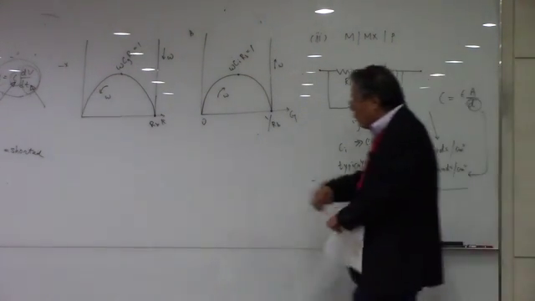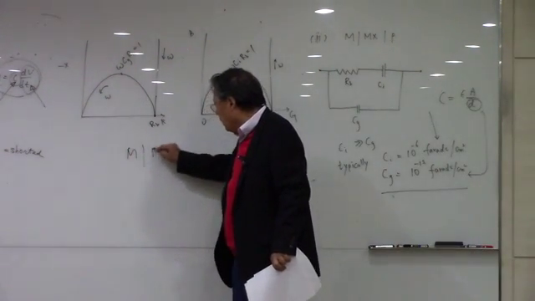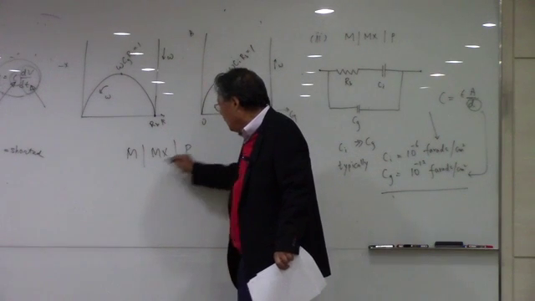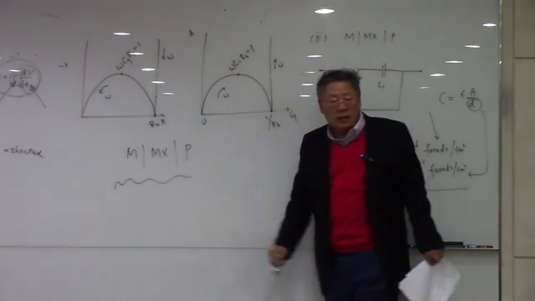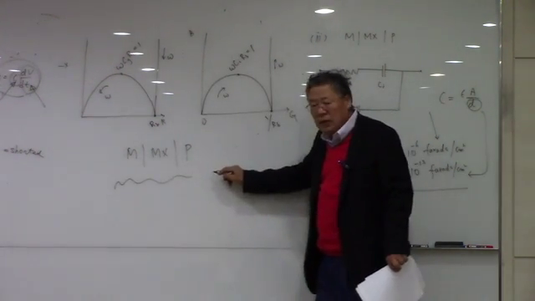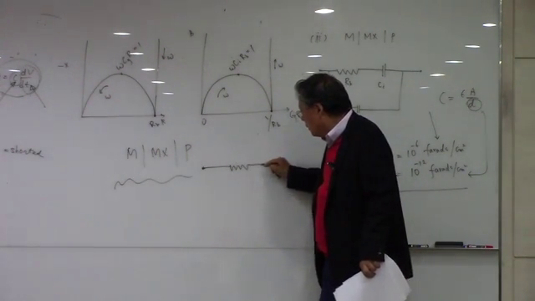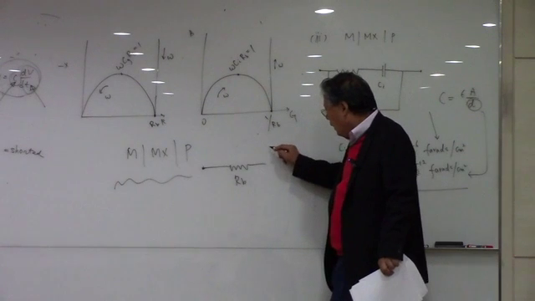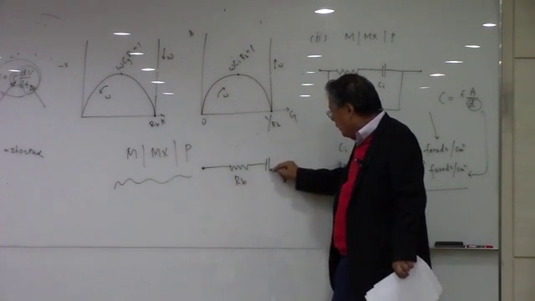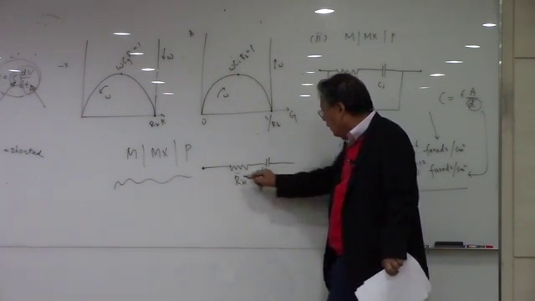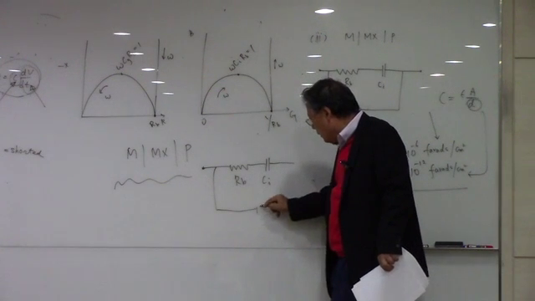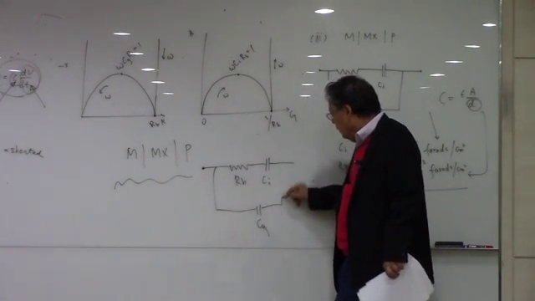The blocking electrode M, x, and P, this electrochemical cell can be simulated into resistance Rb and capacitance Ci, and then Cg.